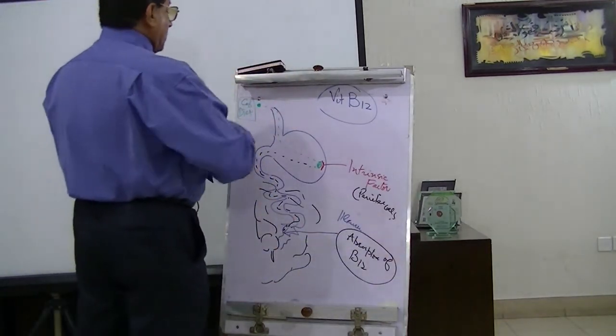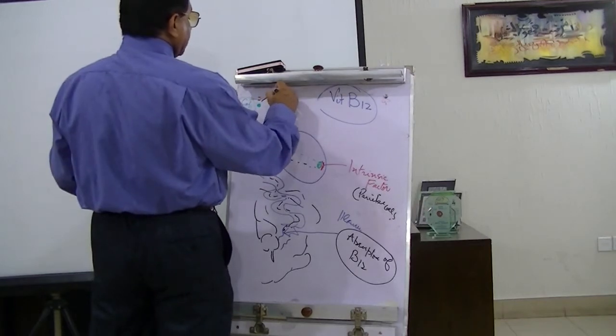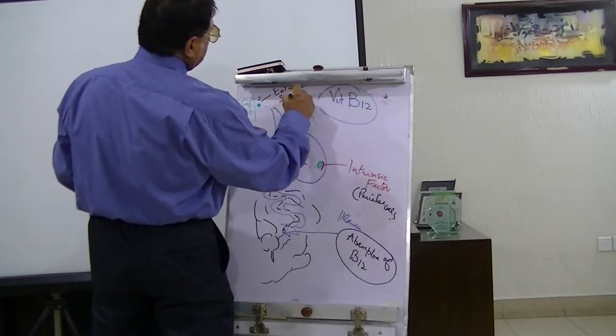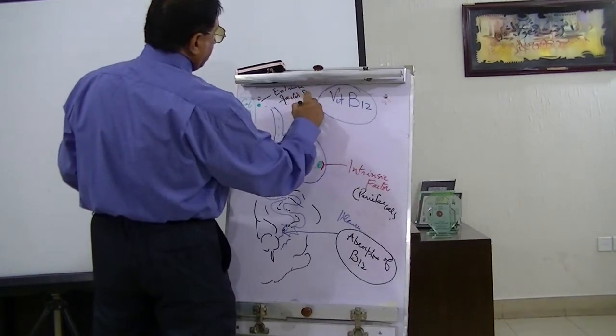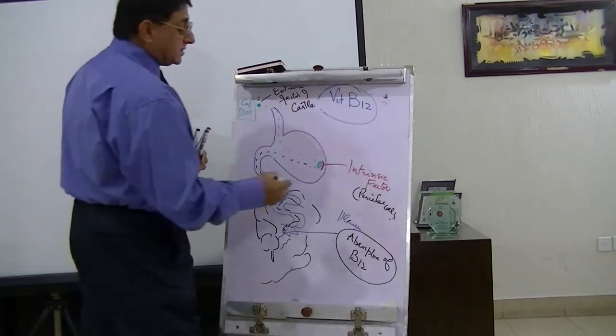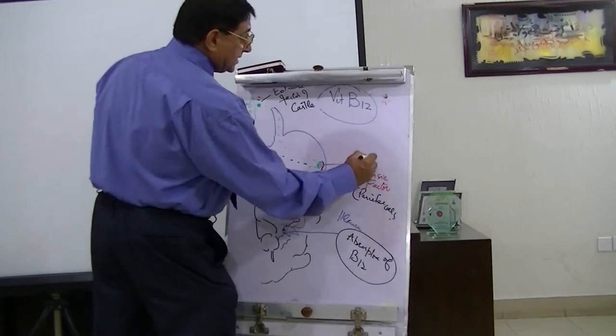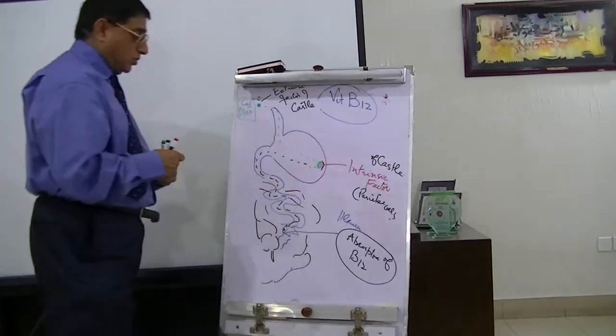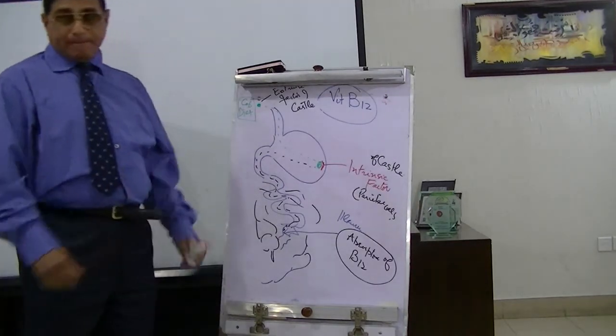Cobalamin in the diet is called the extrinsic factor of Castle, and this intrinsic factor is called the intrinsic factor of Castle. So this is how B12 is absorbed from the ileum.